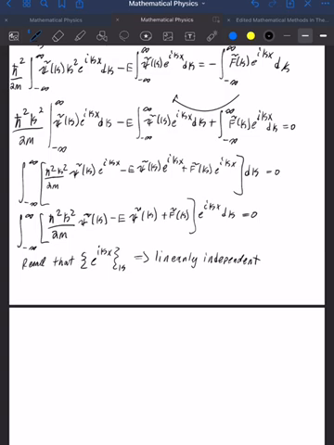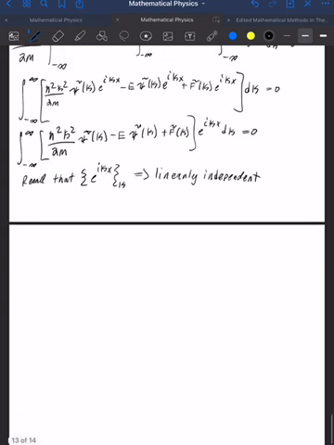And because they're linearly independent, when you sum over all of them, like we have here, this integral from minus infinity to infinity over all k, in order for this integral to equal 0, this term here multiplying the e to the I kx has to equal 0.